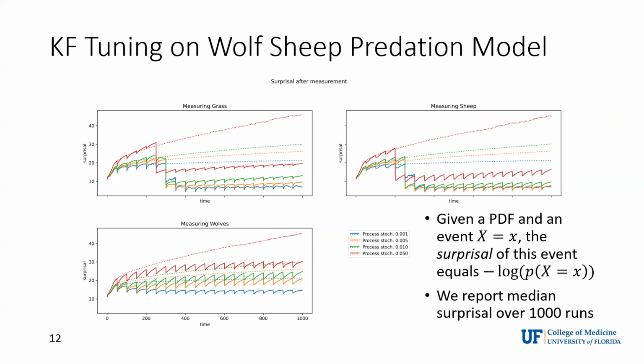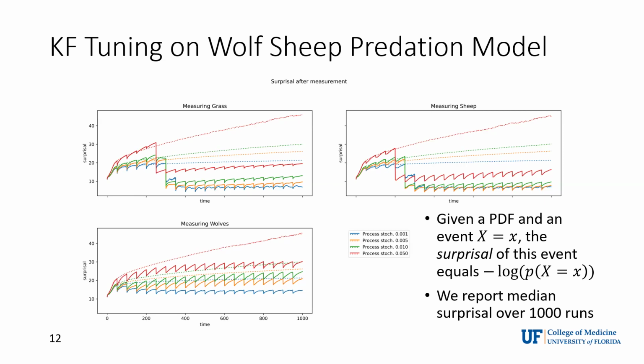And these little spikes downwards are when we are doing the data assimilation, and we give the new prediction. As we might expect, the surprisal goes down. But the way that these all behave when we measure different things like grass, sheep, and wolves actually changes how well we're doing and how surprising things are. If we're measuring grass and sheep, there's a point where the model learns what the actual trajectory seems to be.